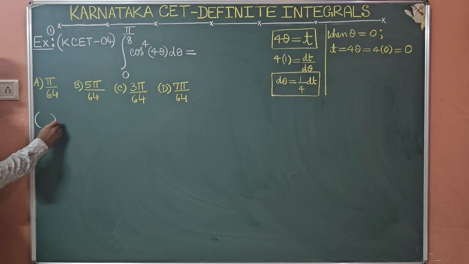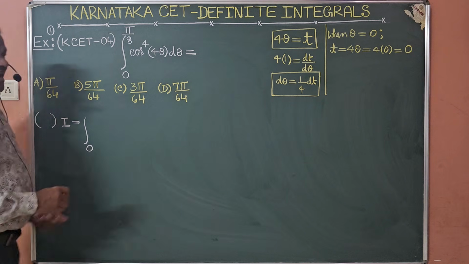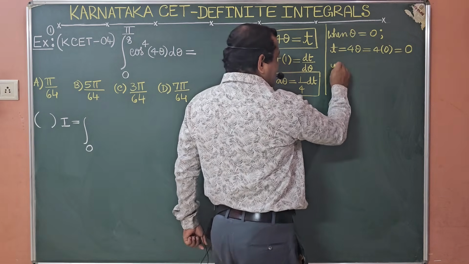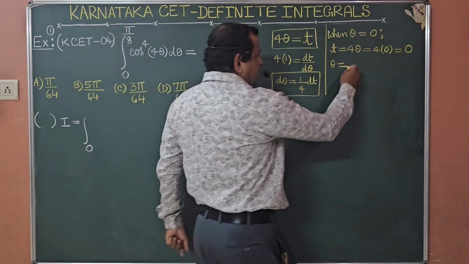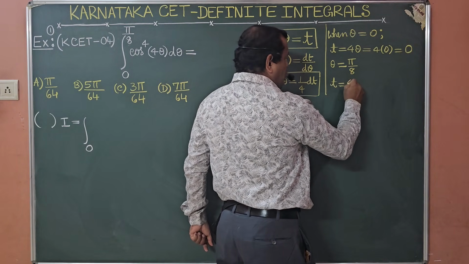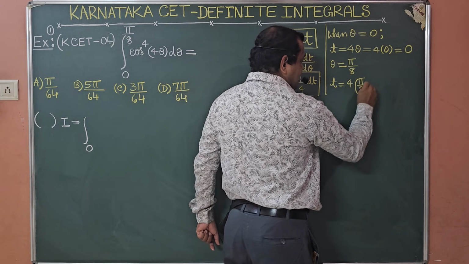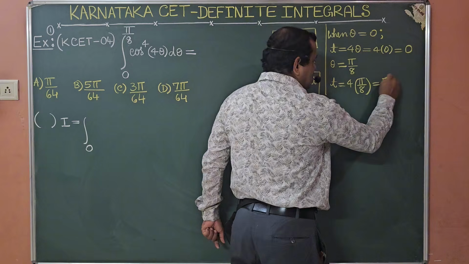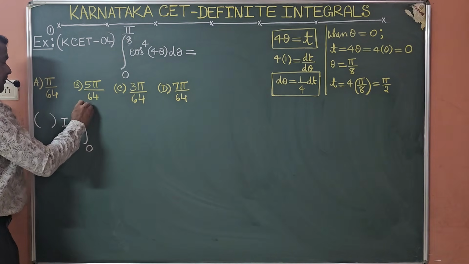See, if I call the integral as I, new lower limit is 0. And when our theta is earlier upper limit, say pi by 8, t is 4 into theta. 4 into pi by 8, which is pi by 2 over here. Thus we get upper limit pi by 2.